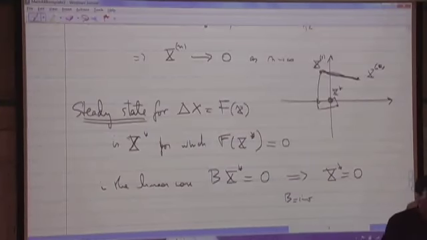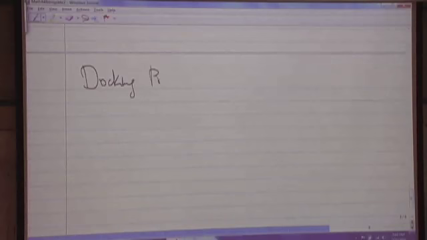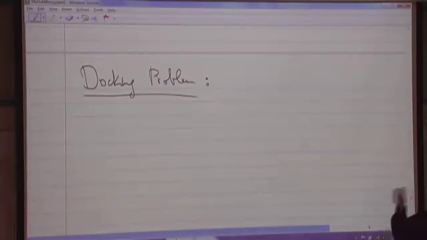So let me just say something about this docking problem. The problem is you start with a spacecraft, whatever, and you can only maneuver it at discrete times, at discrete moments of time.